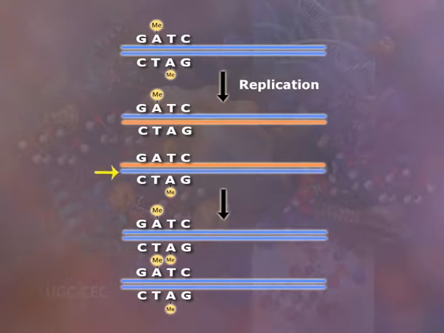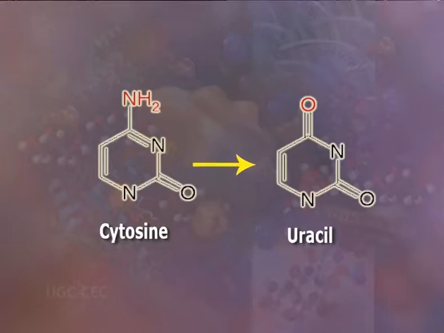Thus, the parent strand is always the template, enabling the repair system to correct such errors. Many types of cells use schemes other than adenine methylation to designate parent strands for mismatch repair. Another instance when incorrect base pairing happens is, as mentioned earlier, when cytosine loses an amino group by deamination and becomes uracil.